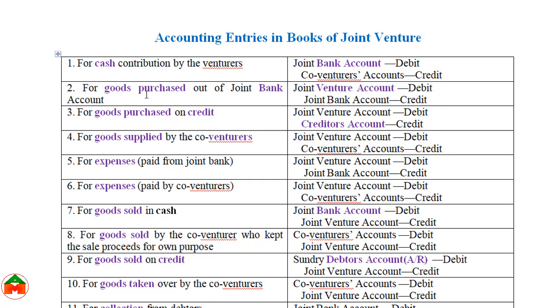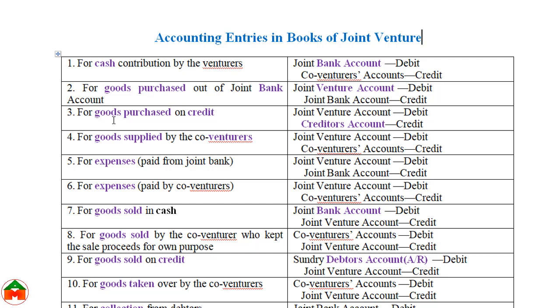All purchases, goods supplied by the venturers, and all other expenses should be recorded as joint venture account debit. However, goods purchased out of joint bank account should be recorded as joint venture account debit, and since you have paid through the bank, that's why bank account credit.